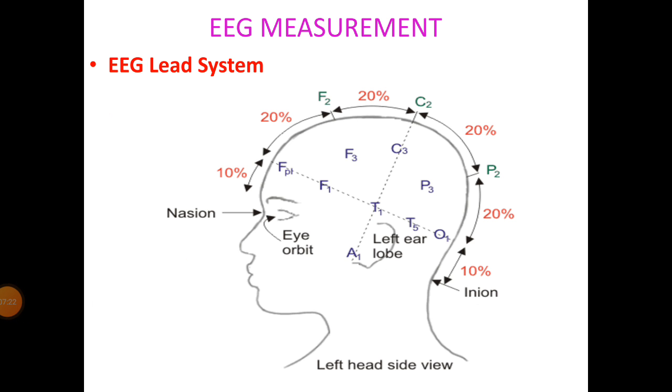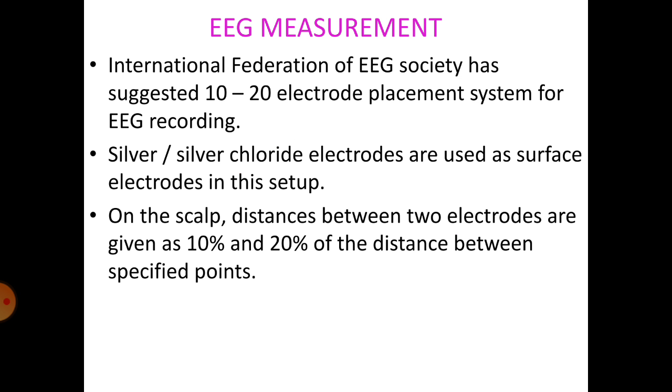This is the EEG measurement system. This is the EEG lead system, the left head side view, showing the eye orbit, left ear lobe, nasion and inion. These are the positions where the electrodes are placed on the patient's head. The International Federation of EEG Societies has suggested the 10-20 electrode placement system for EEG recording.